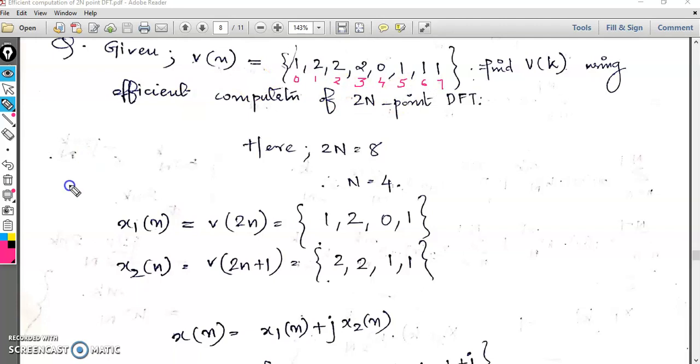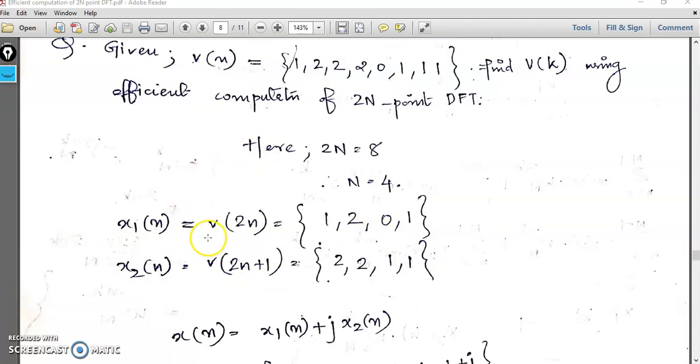We pick the even indexed values: x of 0, x of 2, x of 4, x of 6, that is 1 2 0 1. That is the even index sequence. Next we write the odd index sequence, the odd values: x of 1, x of 3, x of 5 and x of 7. This length is 4.